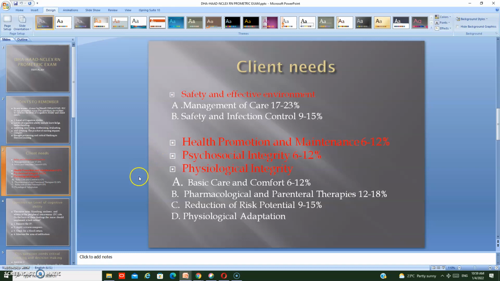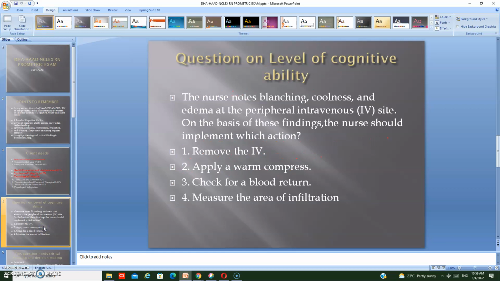So I'm going to do one question with you based on level of cognitive ability. Here, the nurse notes blanching, coolness, and edema at the peripheral intravenous site. On the basis of the findings, the nurse should implement which action? Read the question carefully.